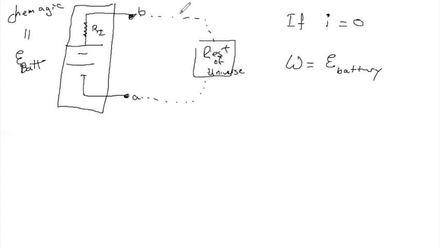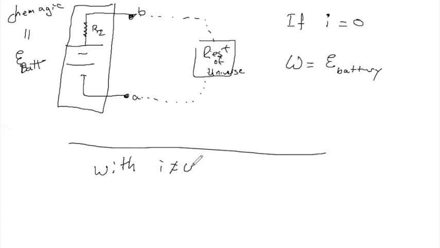On the other hand, if now the rest of the universe involves wires and stuff where there is an appreciable current flow, then the work in going from A to B, with current flow, so I is not zero, then the work per charge or the energy change in a charge going from point A to point B would equal, well, the chemistry's there.